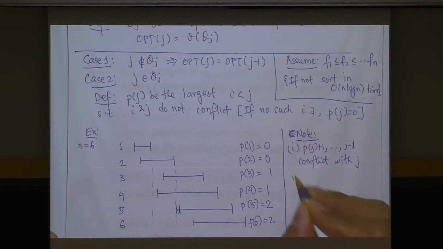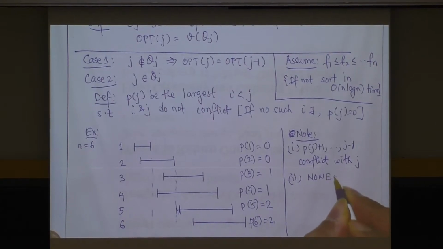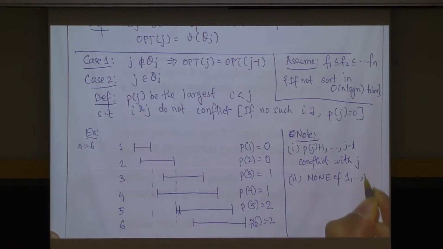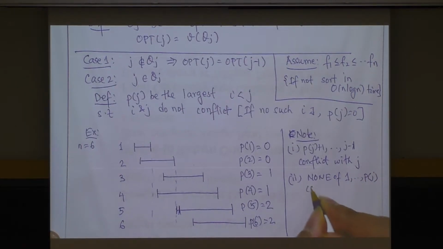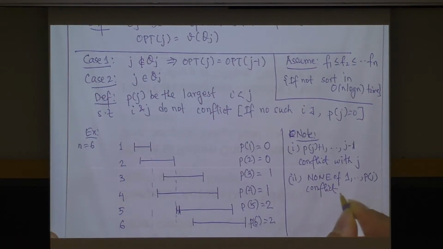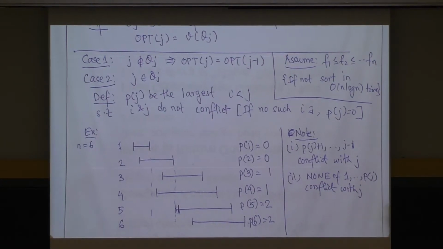And not only that, it's also the case that none of 1 to P of j conflict with j. What this means is if we throw out j and all the intervals that conflict with j, you will be left with 1 to P of j.